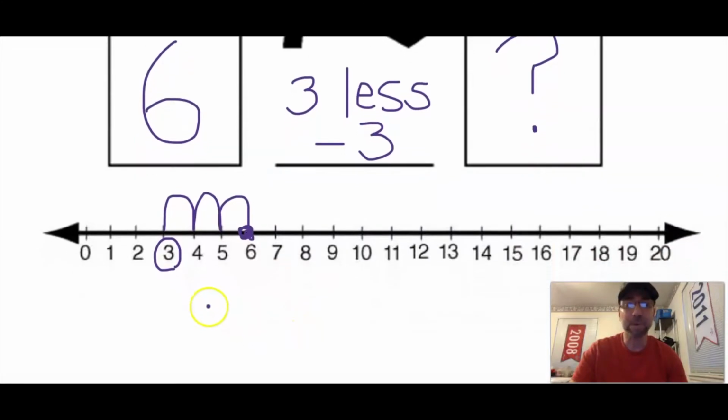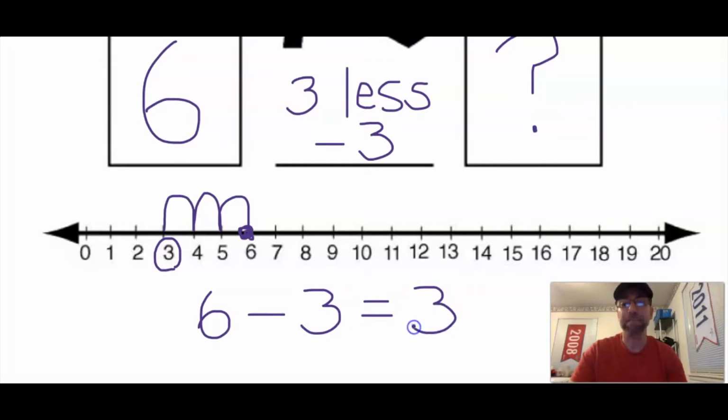And my number model is 6 minus 3 equals 3. I started at 6, I moved 3 hops less, and I landed on 3. So my answer is 3 balloons are left.